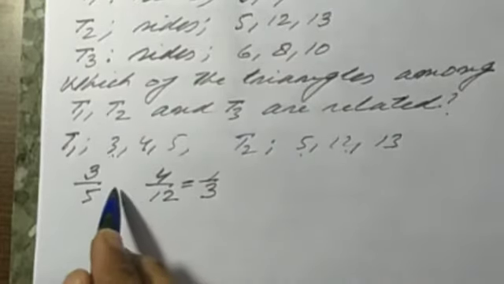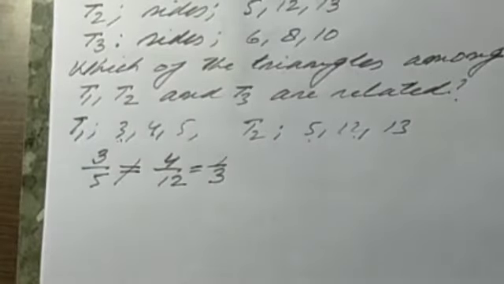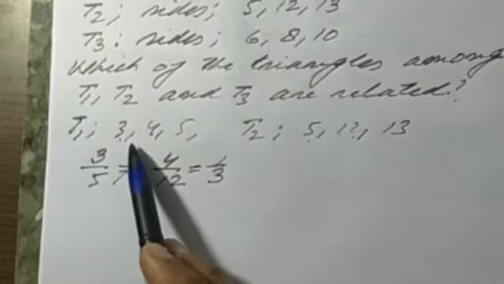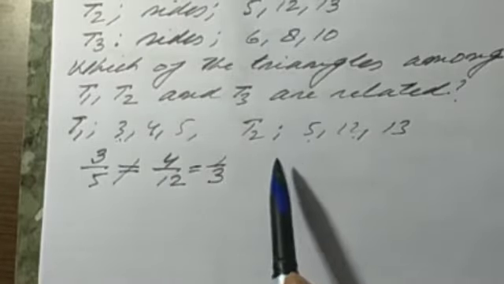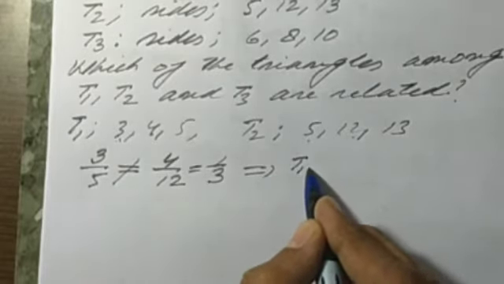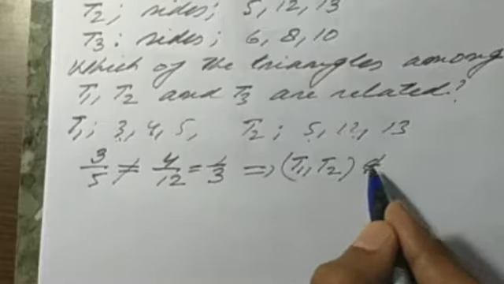So it's quite clear that these two ratios are not equal. 3 upon 5 is not equal to 1 upon 3. So since the sides of the triangles T1 and T2 are not proportional, we may say that (T1, T2) does not belong to R.